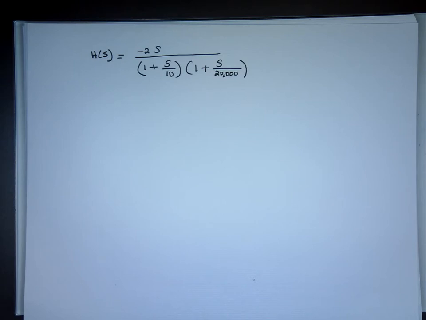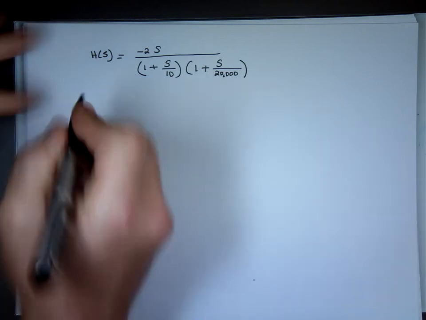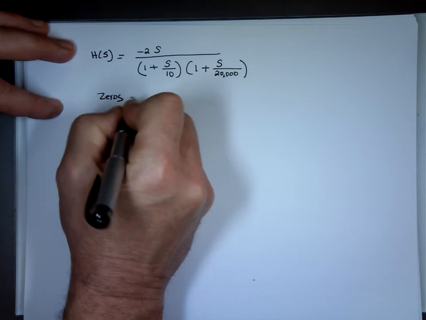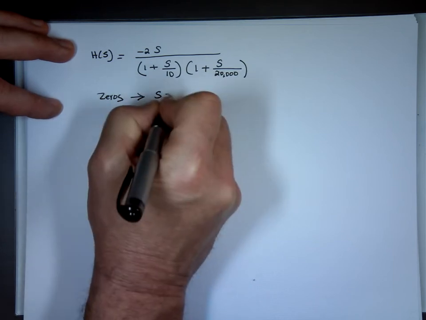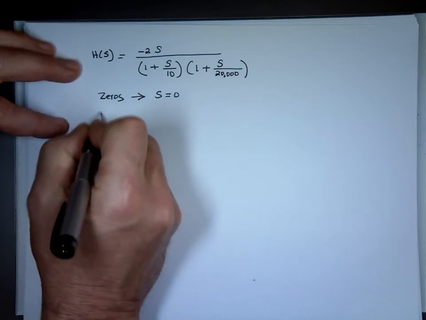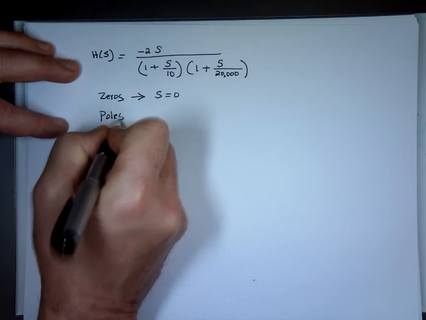I got 3 values to pay attention to. I call them zeros and poles. That's the top, zeros for the top. That's s equals 0. There's nothing plus nothing here, because you can write it as s plus 0. The poles here, I see two of them.